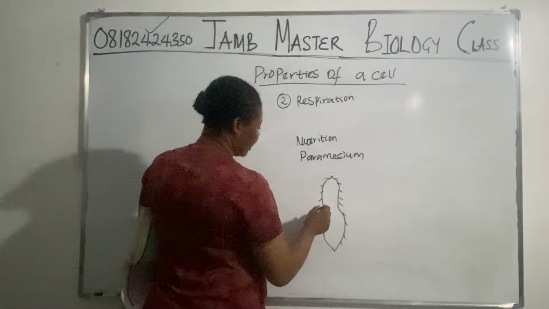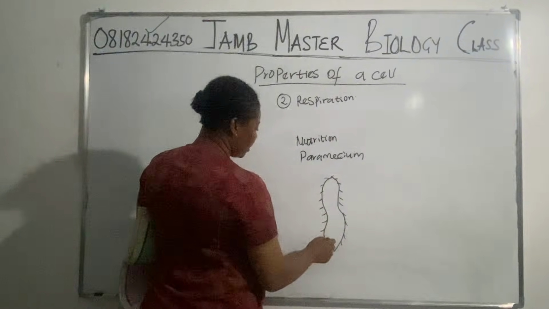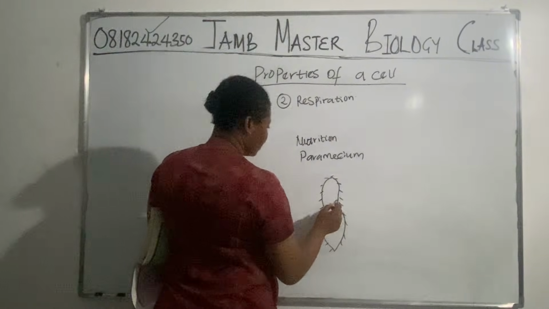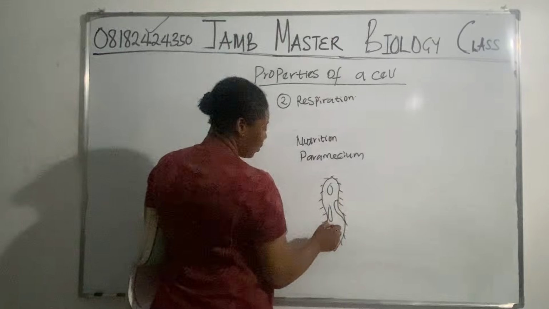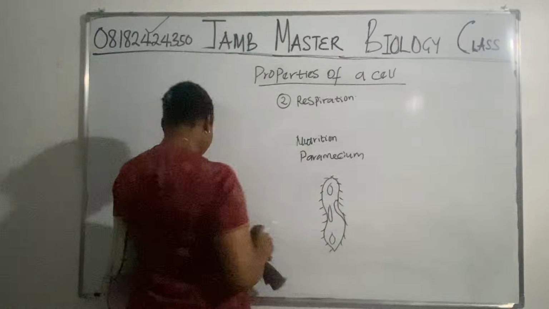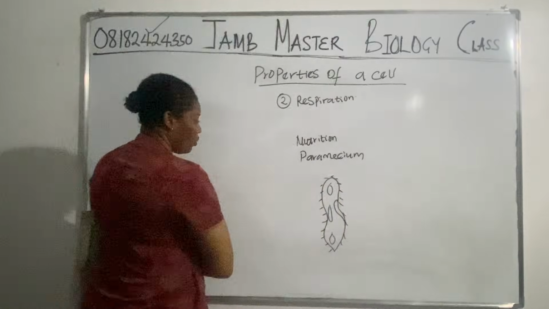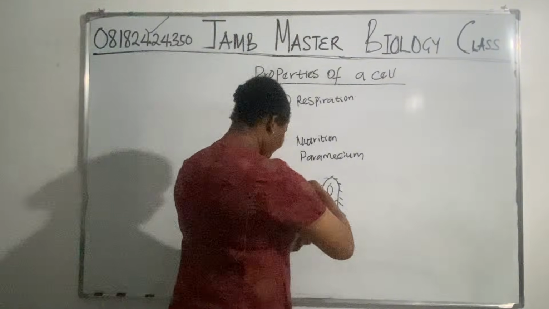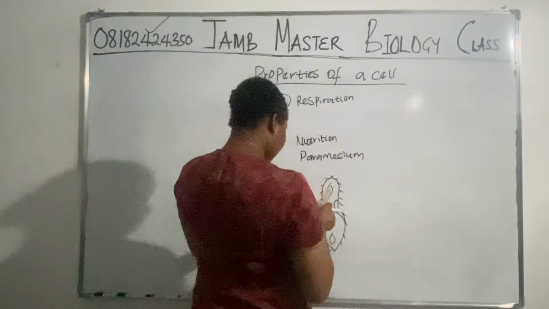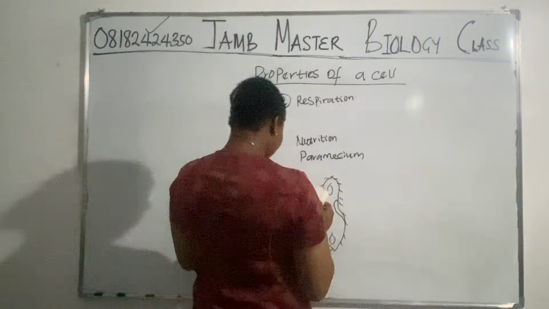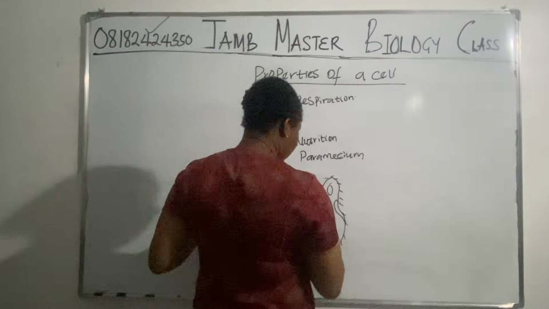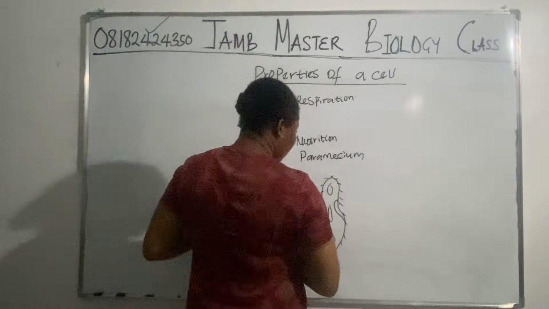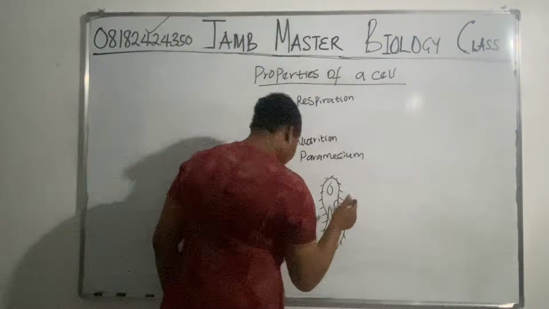It has cilia. I'm just giving you an example of paramecium. You can check your textbook or check online for paramecium. I'm trying to draw it properly for you. So this is how it is, right? Then this is the cilia.